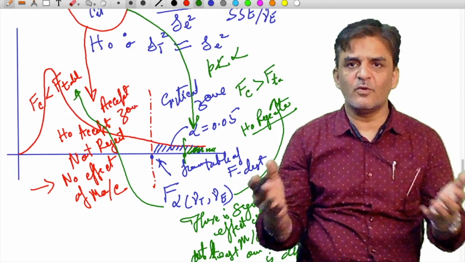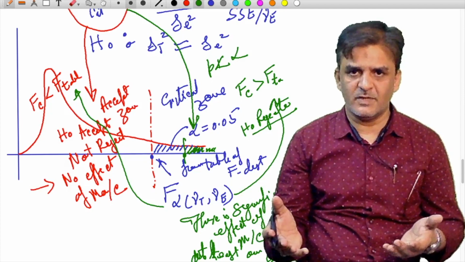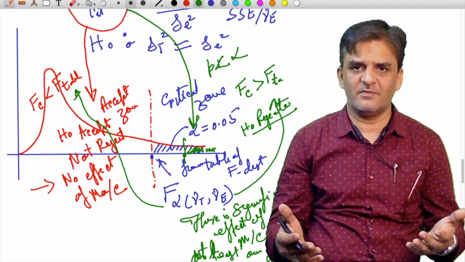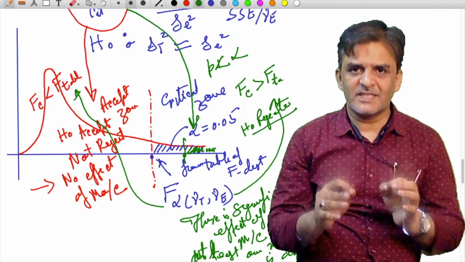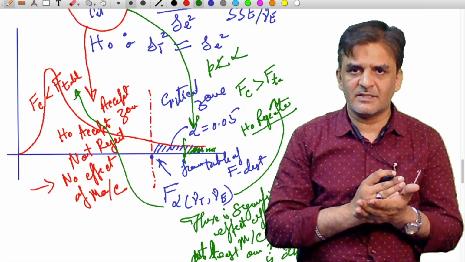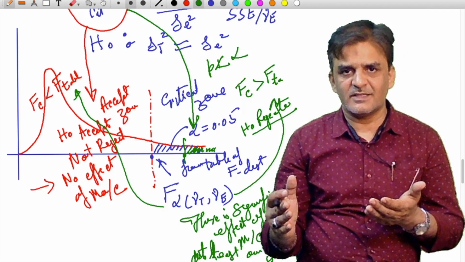We don't know how many out of 6 are different from the other ones, but at least one is different. So this was the basic philosophy of the F test behind ANOVA analysis.